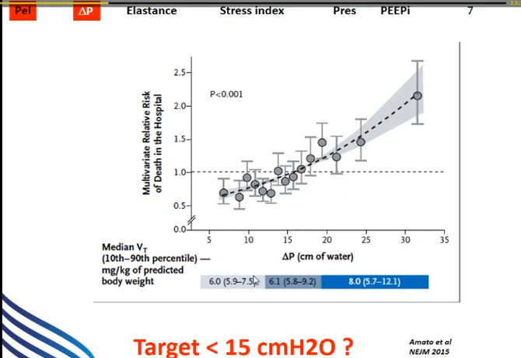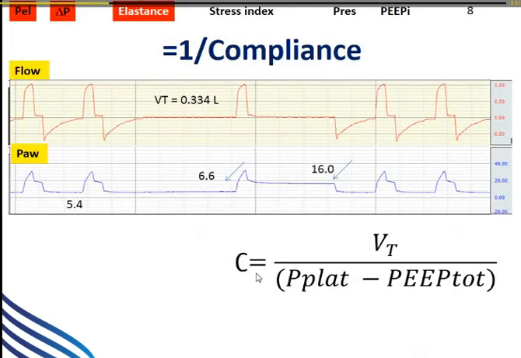You can now really measure the intrinsic elastic characteristic of the respiratory system, the elastance, which is the inverse of the compliance. From the same graph, I added a new value here, 6.6, which is the expiratory alveolar pressure obtained after having really occluded the airway at the end of expiration.